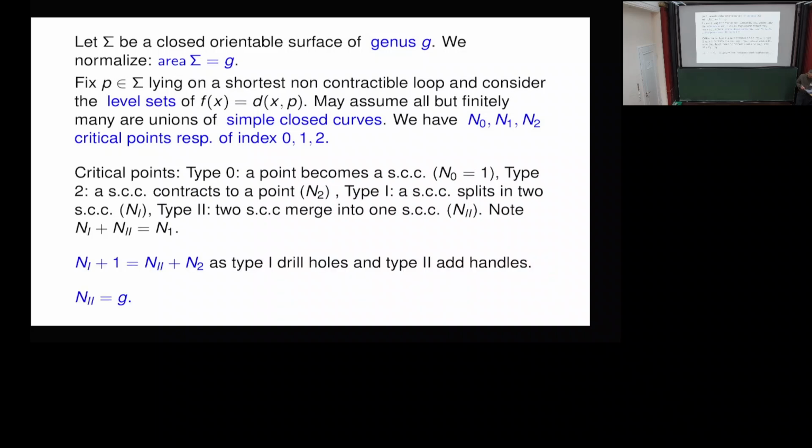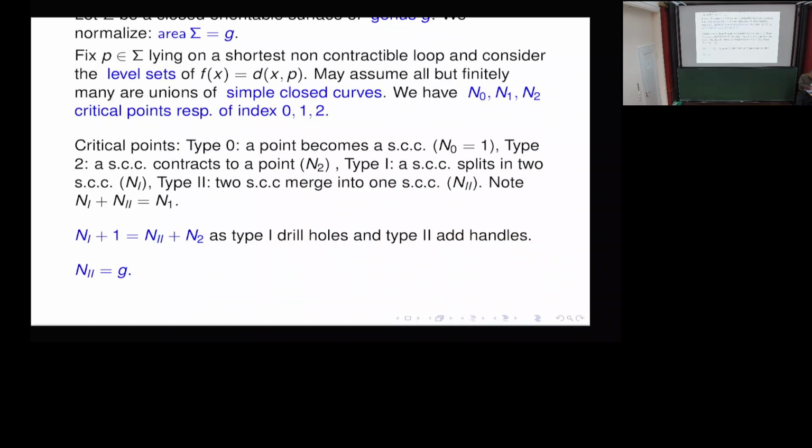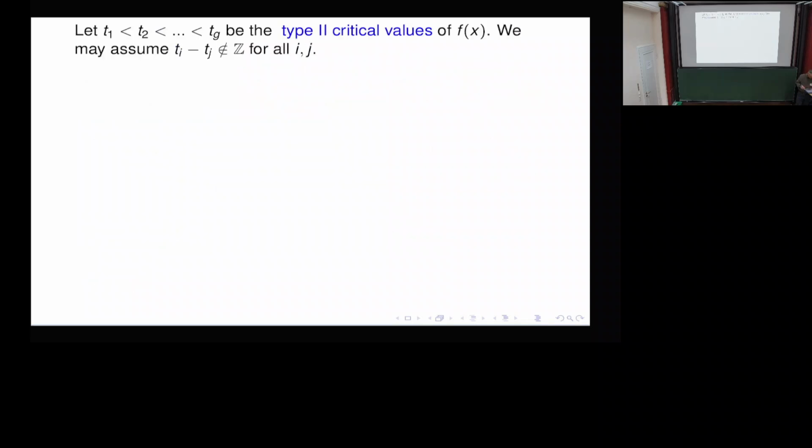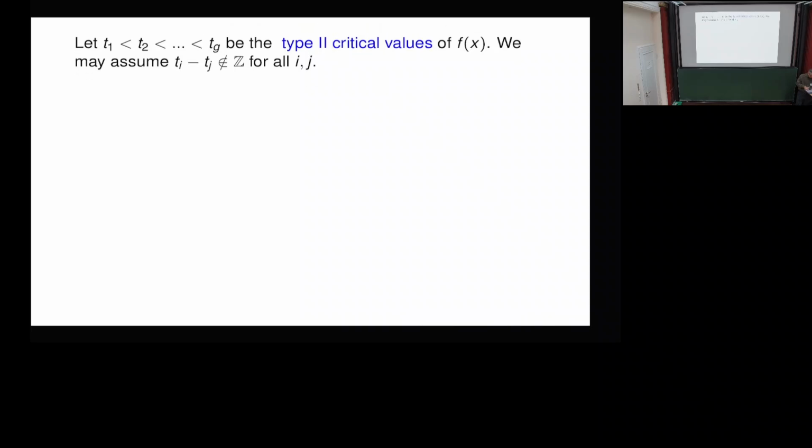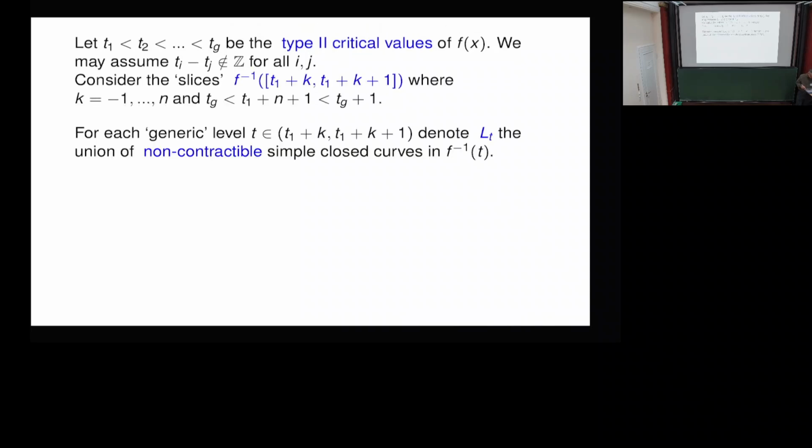But okay, so I have this equality, and now I know that I have many of the type I like. And then the next step was, as I said, to take slices, and actually here there is a slight mistake. I said I take only the type 2 critical values, but actually P0, the first critical value, is fine, because I said I have P, and now P lies on the systole, so the first critical value will give me a non-trivial loop too.